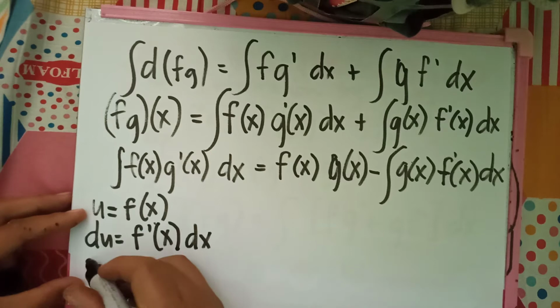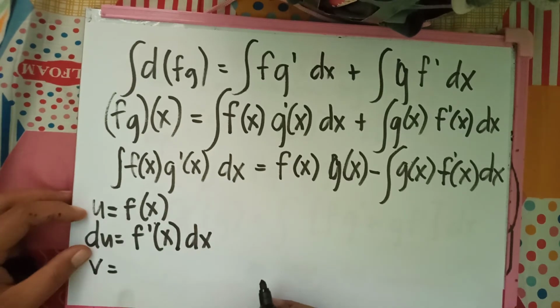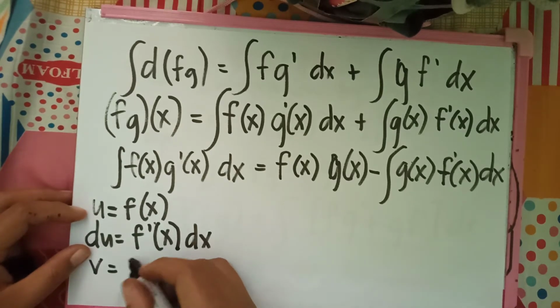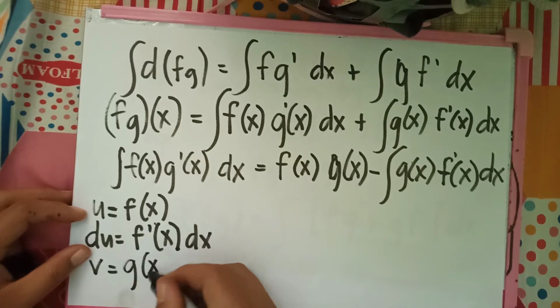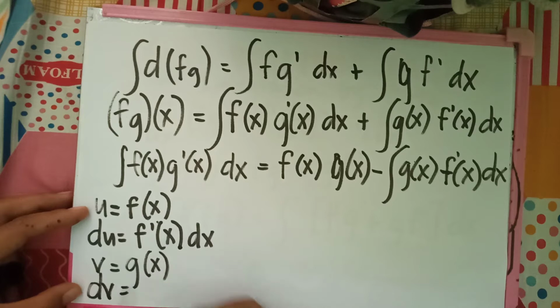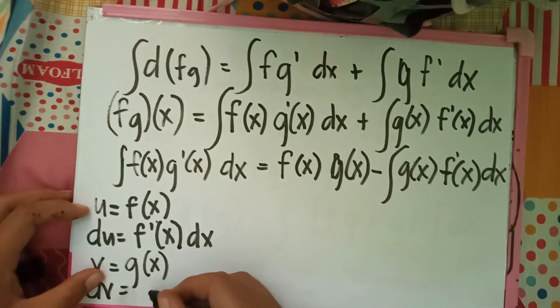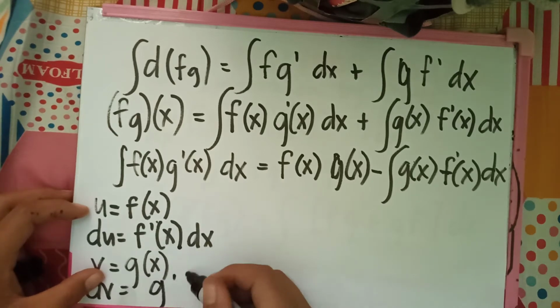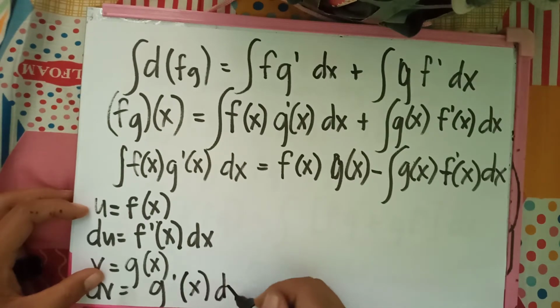Tapos, your v should be equal to g of x. And your dv, the derivative of v will be equal to the derivative of g of x dx.